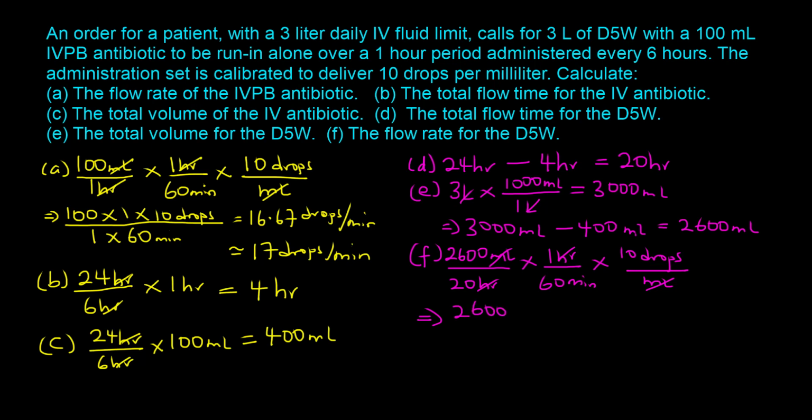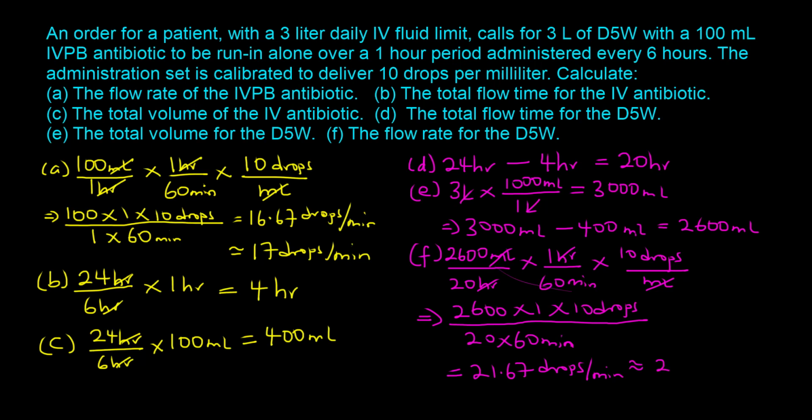So you have 2,600 times 1 times 10 drops, and divide that by everything in the denominator, which would be 20 times 60 minutes. And that is equal to 21.67 drops per minute, which is approximately 22 drops per minute.